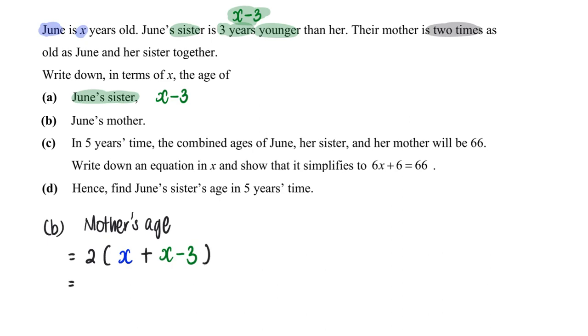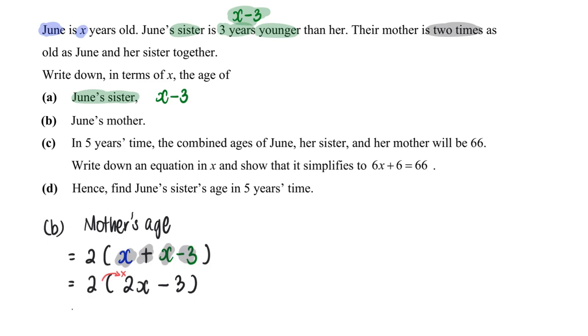So I just need to slowly simplify it. X plus X is equal to 2X. Still got my minus 3 behind. And after which, multiply the 2 in.